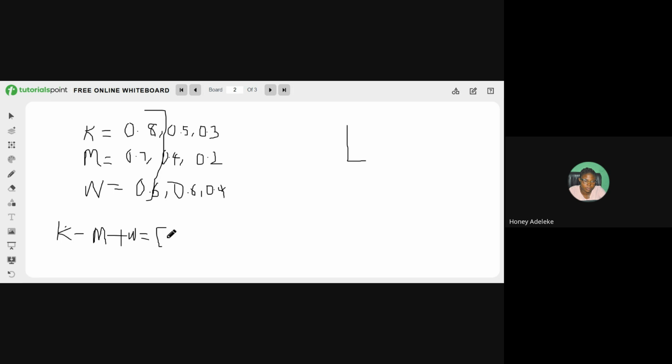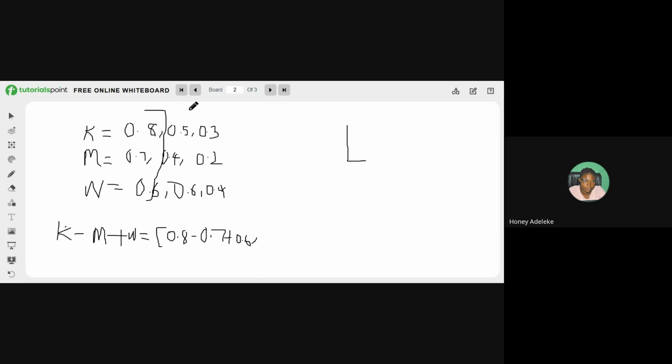For the first one, that would be 0.8 minus 0.7 plus 0.6. We can do this together. If you're following and you want to be sure you're getting it, you can tell me the next figure I'm supposed to write.